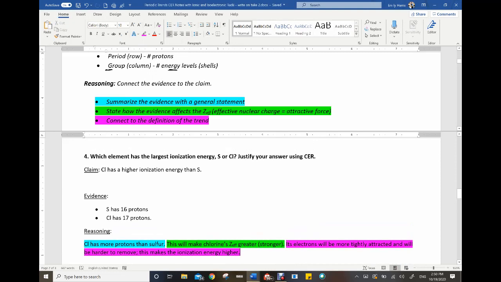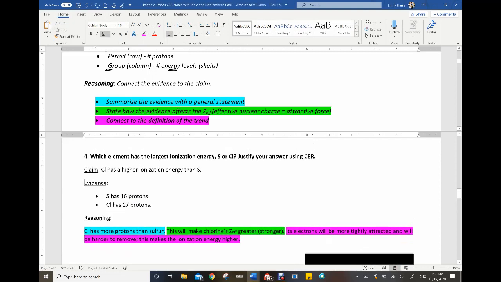And you'll notice when we frame our reasoning, we frame it to kind of line up with our claim. In this case, they're asking which element has the largest ionization energy. And so, since chlorine did have the largest ionization energy, we're going to frame our answer based around chlorine. If they had reversed the question and said which element has the smallest ionization energy, that would be sulfur, and we would instead base our reasoning off of sulfur.